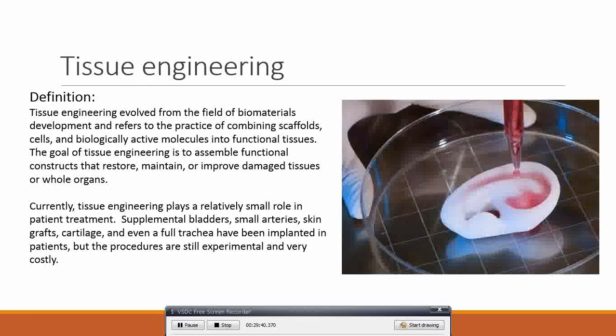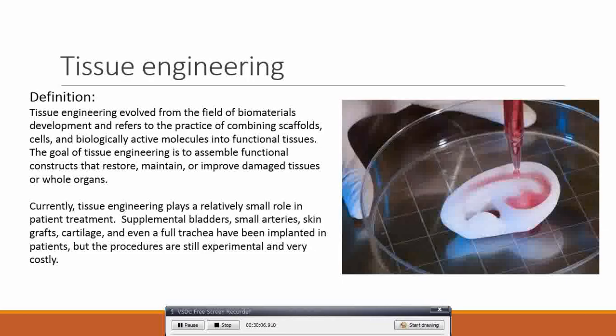Dia gabungan lah, biomaterial development refers to the practice of combining scaffolds, cells, combination. Maknanya material ada, scaffold ni apa, macam tubuh badan kita, skeleton kan, ada skeleton, tulang-tulang tu, itu scaffold lah. Kalau contoh bila kita buat tissue replacement, kita akan tampalkan tempat tu dengan scaffold.